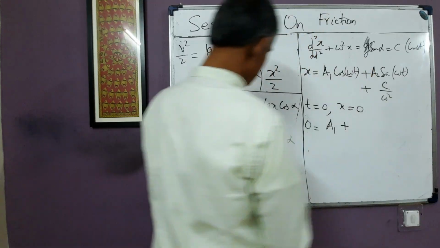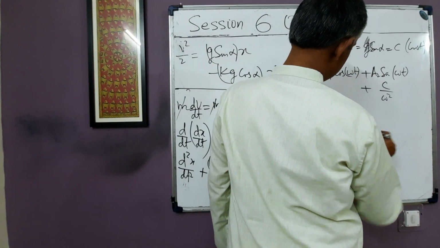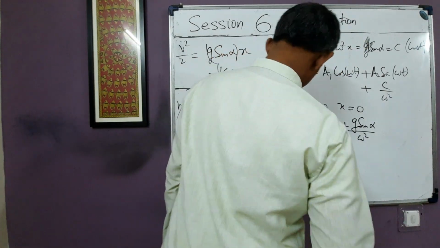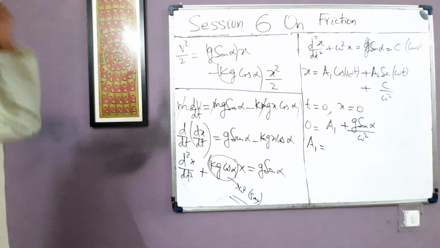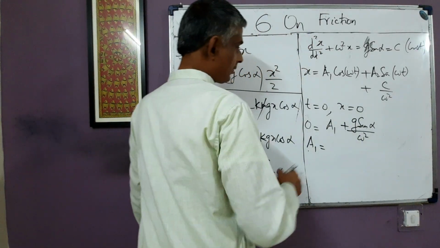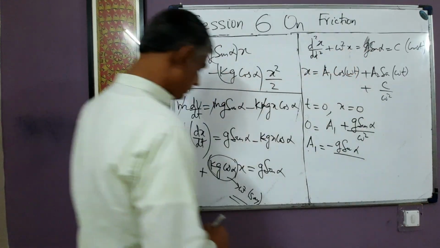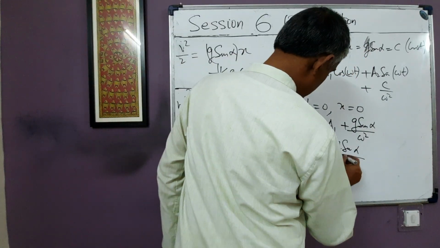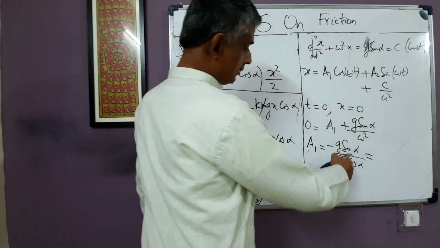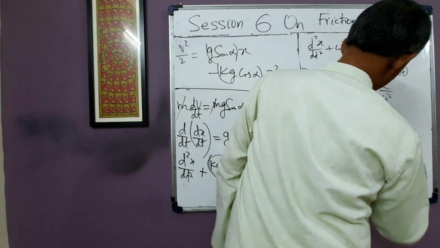Plus c by omega square is g sin alpha by omega square. So a1 becomes how much? Tell me. A1 becomes minus g sin alpha by omega square. Omega square is kg cos alpha. G goes away. Sin by cos becomes tan, so a1 is minus 1 by k into tan alpha.